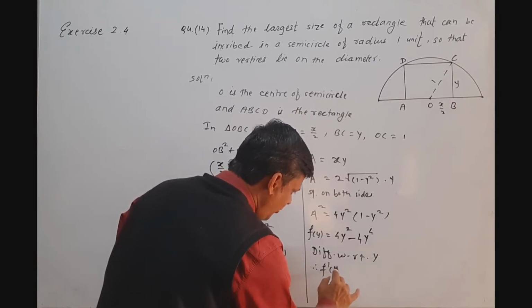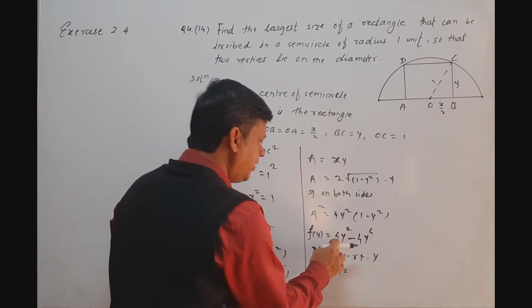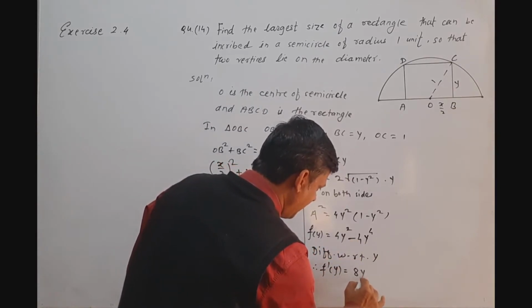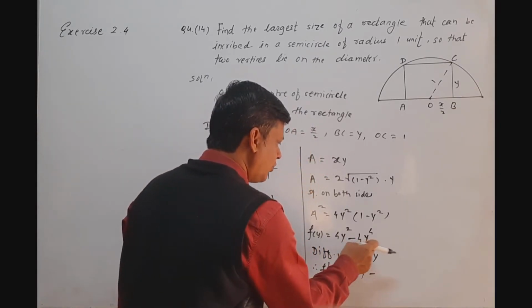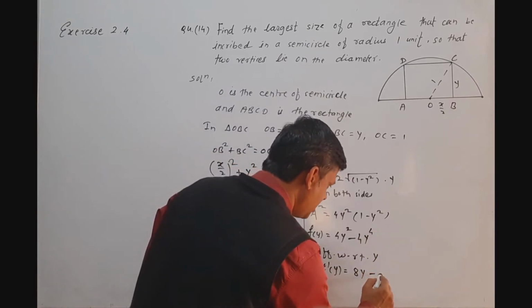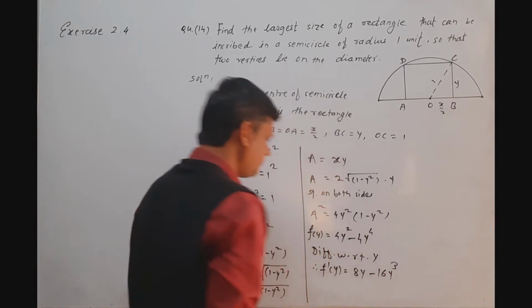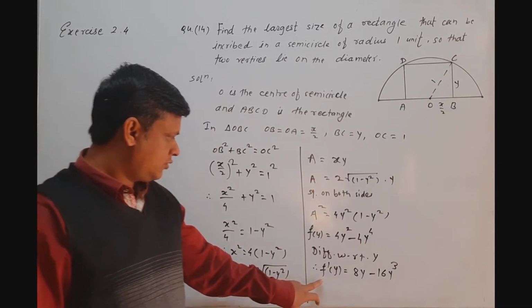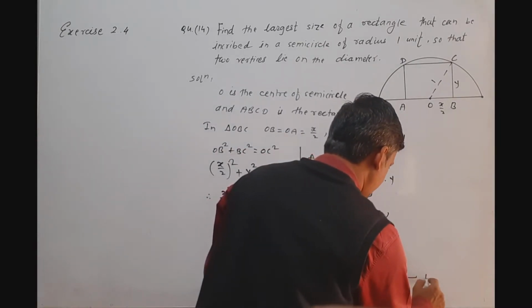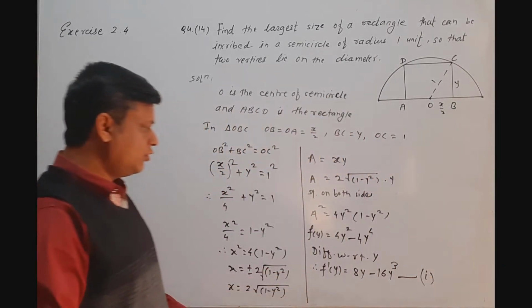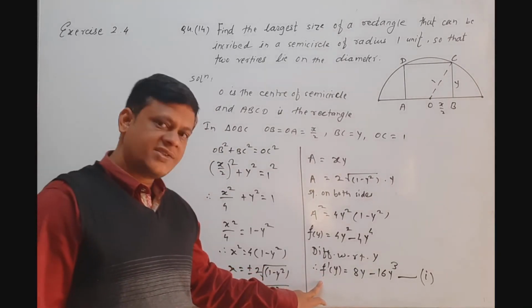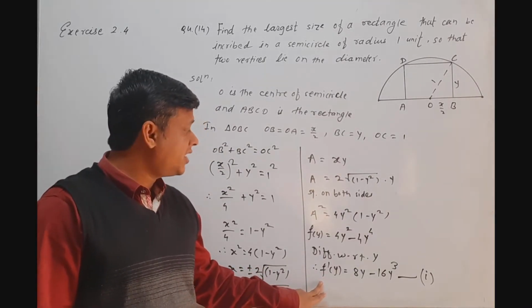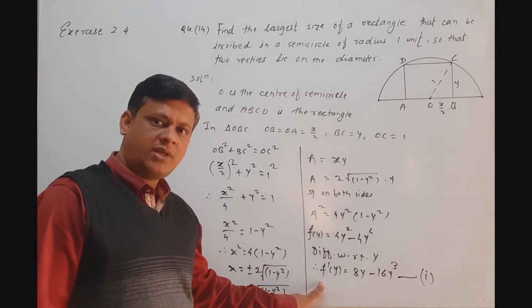Therefore f dash of y is equal to derivative of 4y square, we get 8y, minus derivative of 4y raised to the power 4, we get here 16y cube. So we denote this as equation number 1. Now we have to find the second order derivative for checking maximum or minimum value.